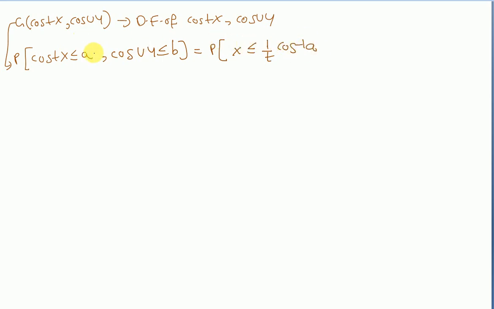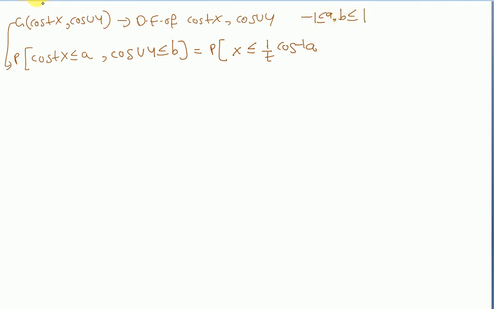Since a is any value lying between -1 and 1, a and b both are any value lying between -1 and 1.